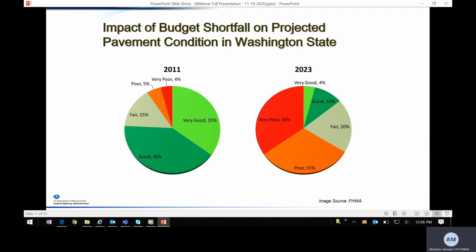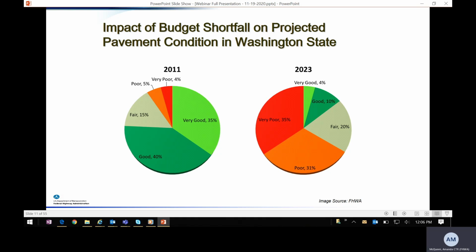So every state, I believe, most states have issues with budget. And what this is showing is, as a result of budget shortfall, in this period from 2011 to 2023, Washington State's estimate is there's a budget shortfall of something in the order of $1.5 billion.